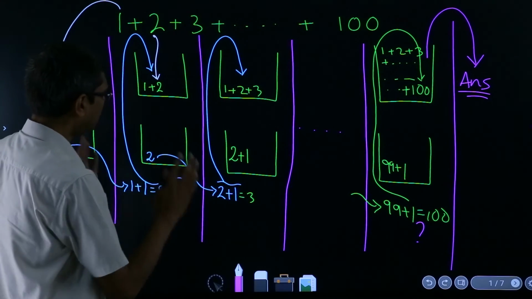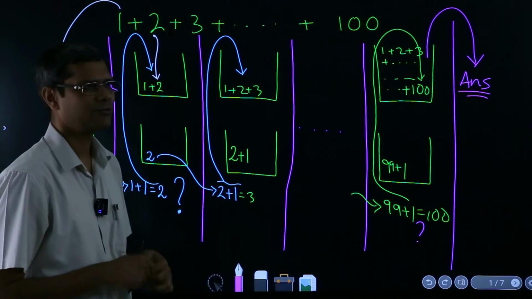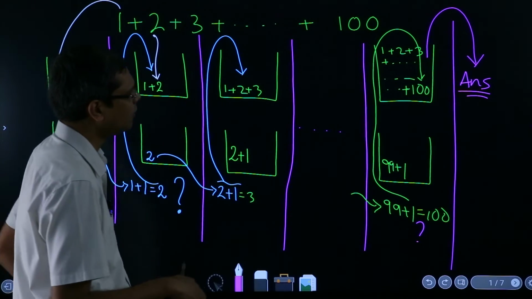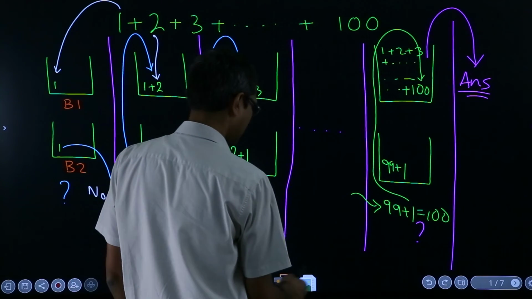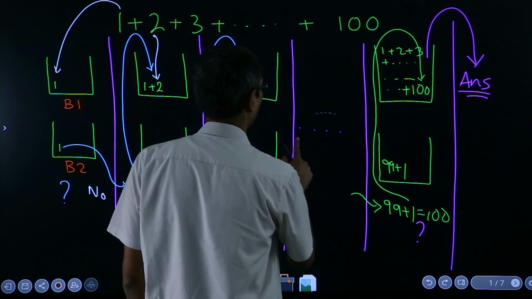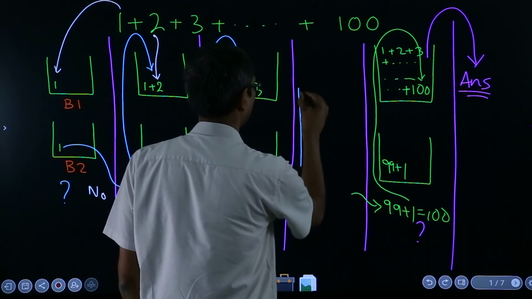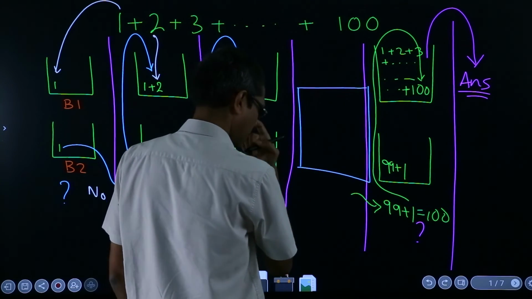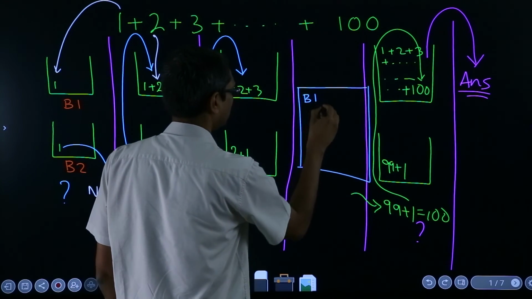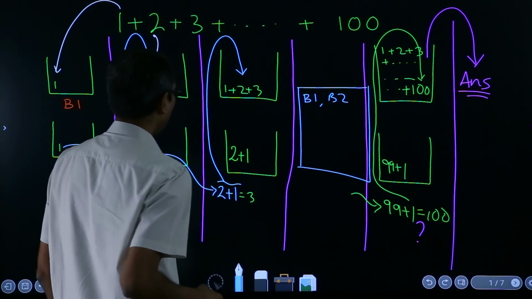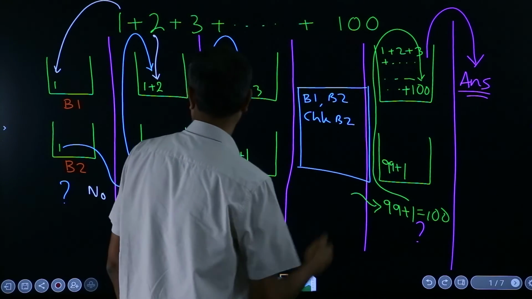Now if you write this as a very small informal algorithm, as I was talking about: what is our algorithm? We are taking two buckets, bucket 1 and bucket 2, and then check bucket 2.